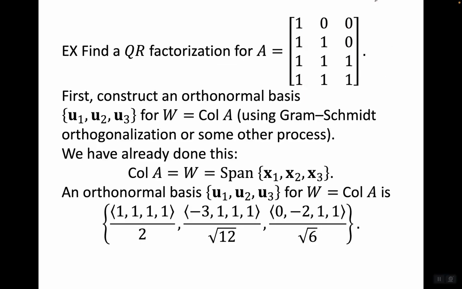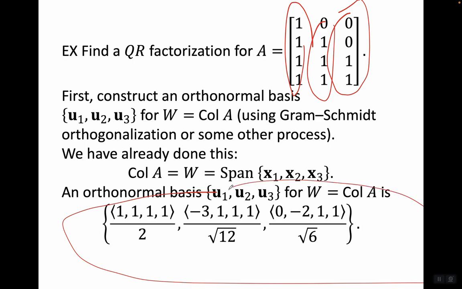So first we construct an orthonormal basis U1, U2, U3 for W, in other words, the column space of A. In this case, the column space of A is the space W we were looking at earlier, because W was the span of those three columns in the previous problem. So we construct an orthonormal basis for the column space of A. We've already done this. This is an orthonormal basis for the column space of A, in other words, W.